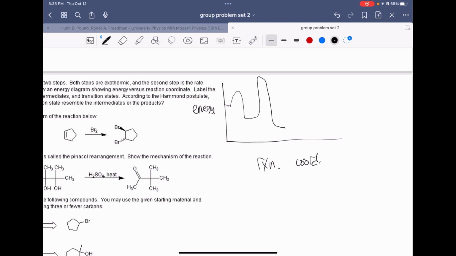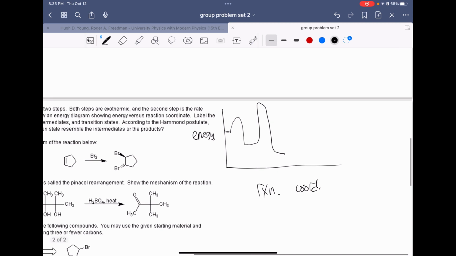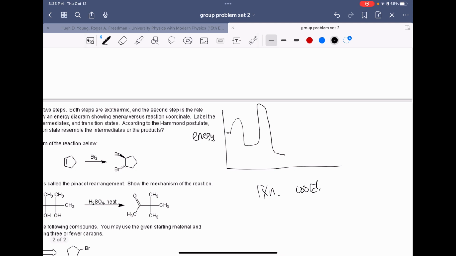Okay, that looks pretty bad, I'm not going to lie, but we'll say these are the intermediates because that's the plateau in this curve. This is going to be TS1, transition state 1, and then transition state 2. Reactants over here, products, and both of these steps are exothermic in nature.